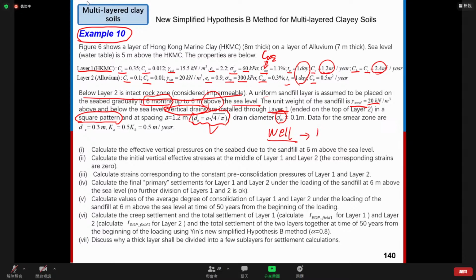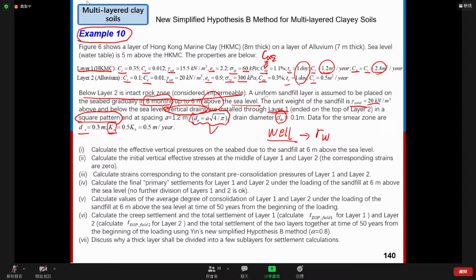But actually what we need is rw, the radius, in the simplified method. We can see later. And the data for the smear zone are here, the ds, the ks, kh. kh is the horizontal permeability, and ks is the permeability at the smear zone.